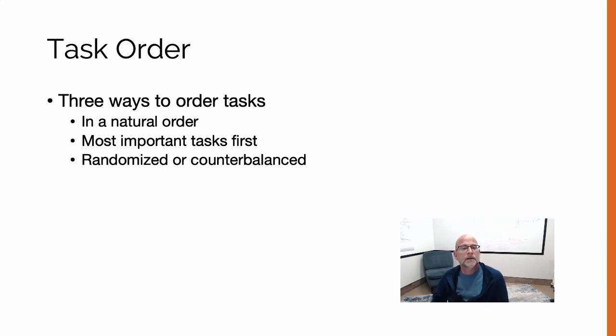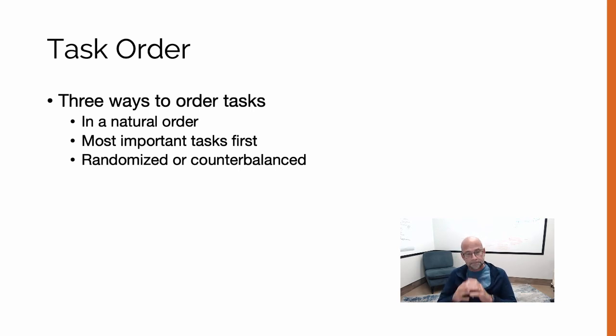Typically in a usability test, especially if it's something procedural, we want to give those in a natural order. For example, if somebody's creating a document first, editing a document second, and then printing a document third, it might make sense to have people do those three things in a natural succession.